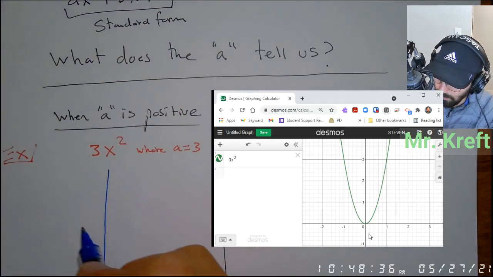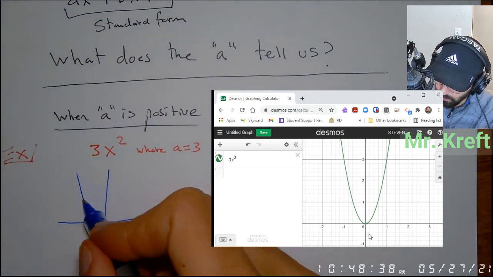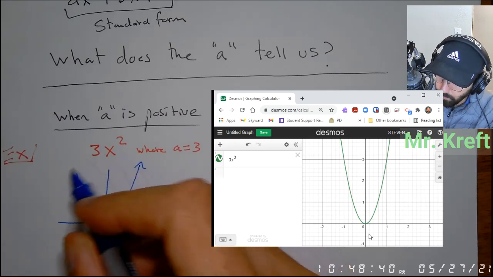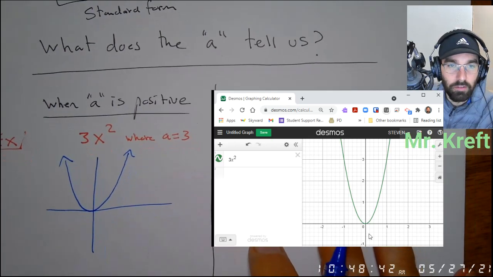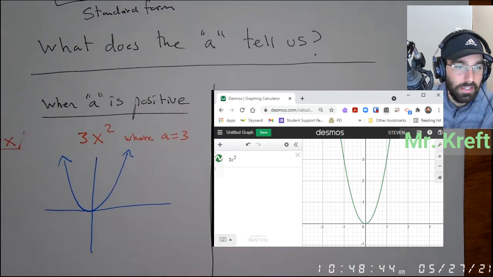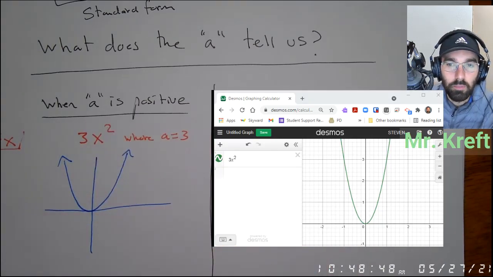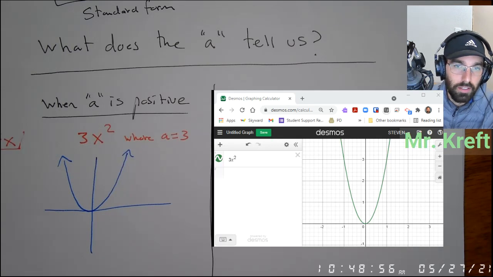So 3x squared looks something like this. And remember, it's just a sketch. It's not meant to be accurate, but it's supposed to catch the spirit of the graph, the big picture.